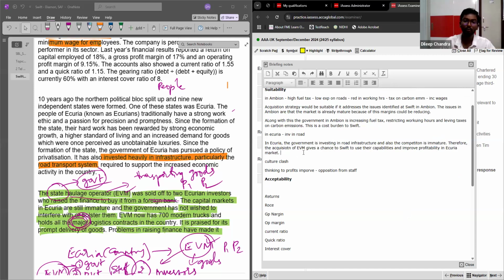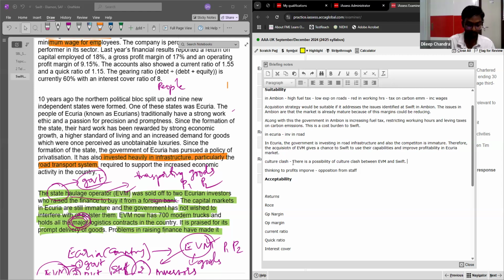Okay. Now we have mentioned this. This might improve the profitability. Let's try to link it with culture clash. What kind of word should I use? I'll write that there is a possibility of culture clash between EVM and SWIFT.